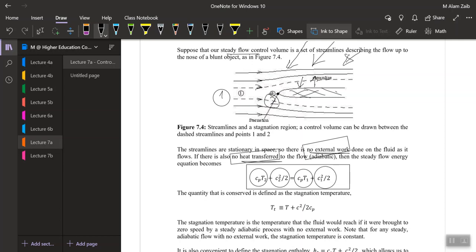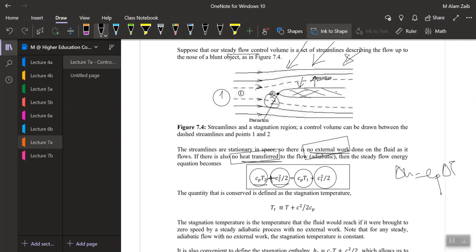Enthalpy for the ideal gas: enthalpy h is equal to Cp delta T, if you remember from the last lecture. So now Cp T2 plus C2 squared by 2, what we call the kinetic energy, equals Cp T1 plus C1 squared by 2 for the kinetic energy component.